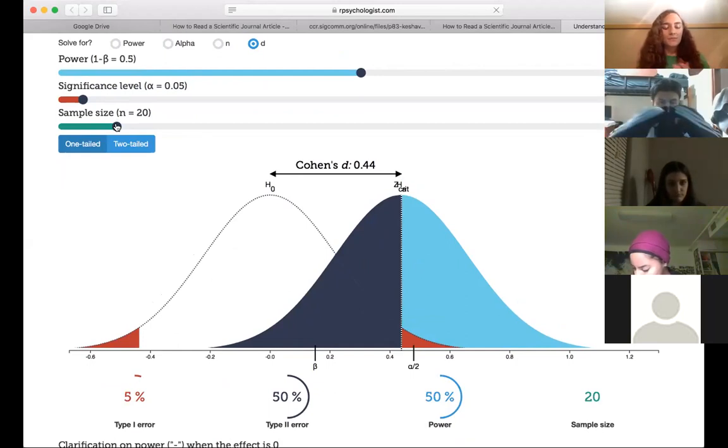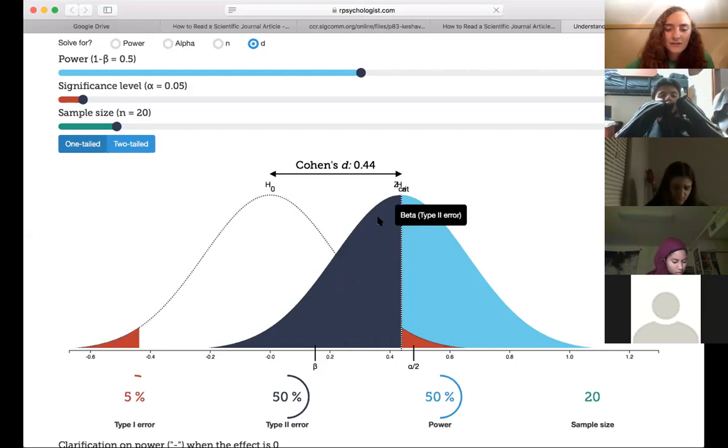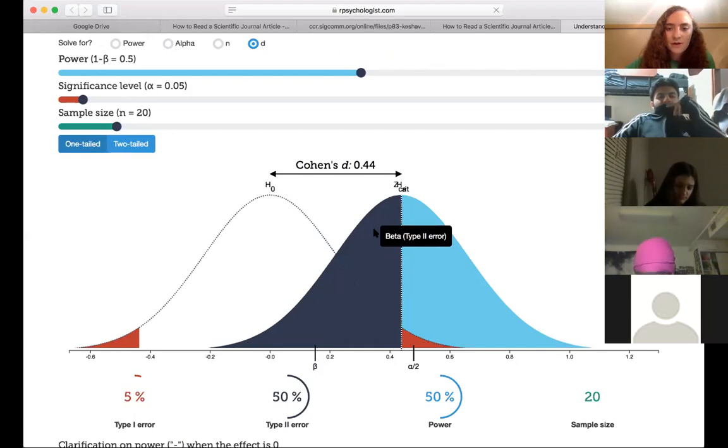Usually it's 0.1, 0.05, or 0.01, or 10%, 5%, or 1%. Those are the normal alphas, and 5% is the most common. As you can see, this shaded portion right here is the chance of creating a type 2 error, which is something we do not want.